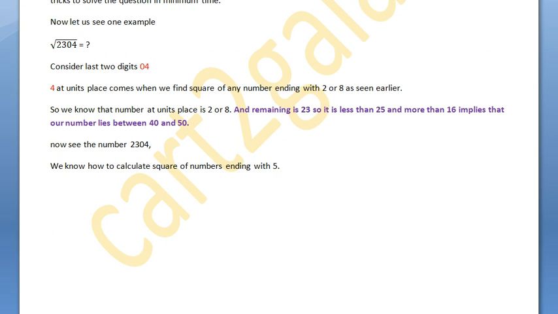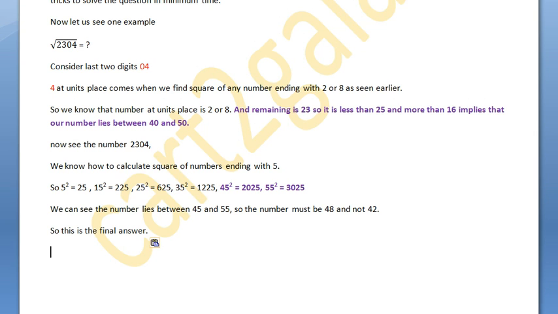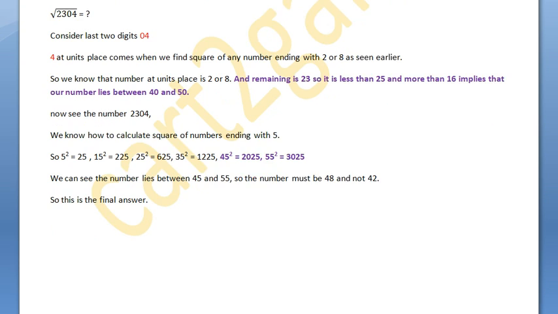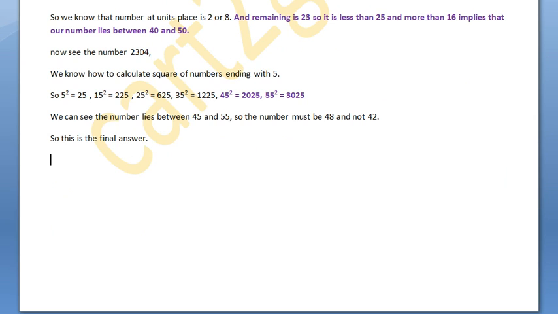Now see the number 2304. We know how to calculate the square of numbers ending with 5. So 5 square is equal to 25, 15 square is equal to 225, 25 square is equal to 625, 35 square is equal to 1225, 45 square is equal to 2025, 55 square is equal to 3025.